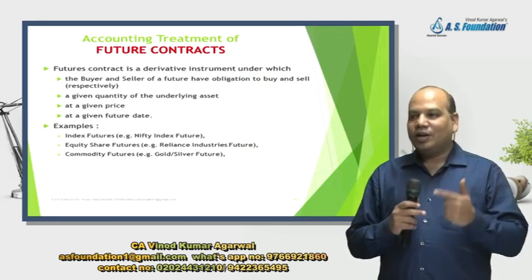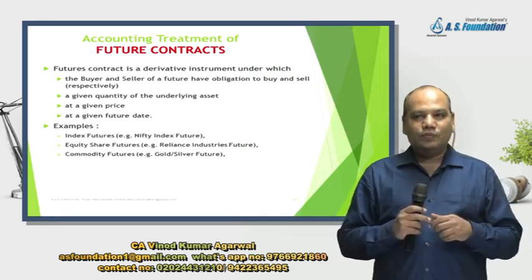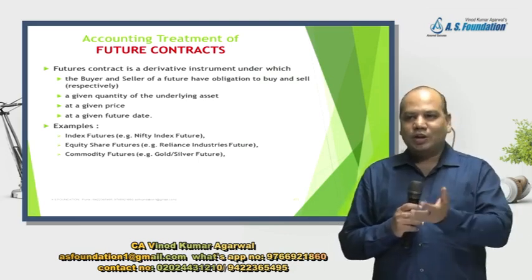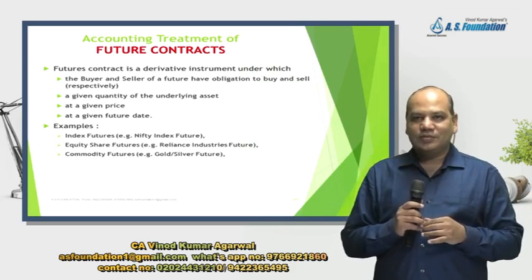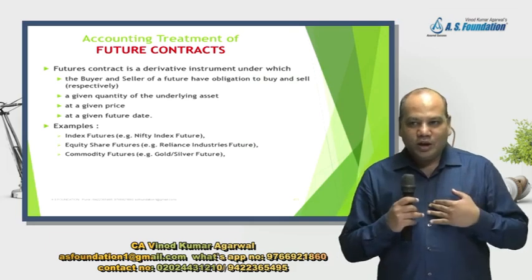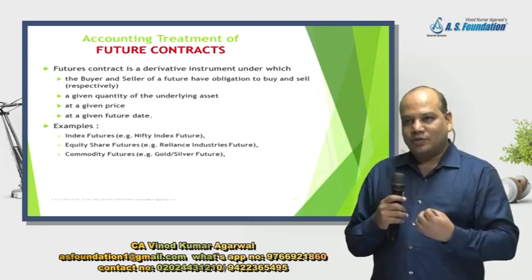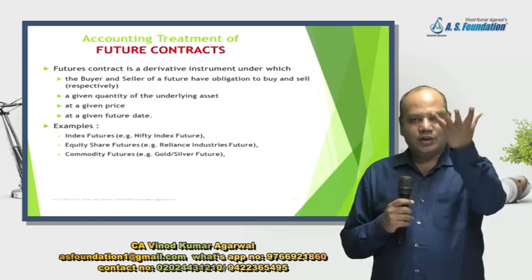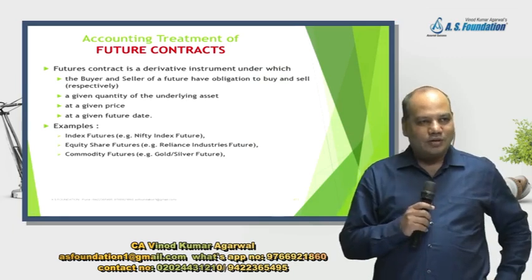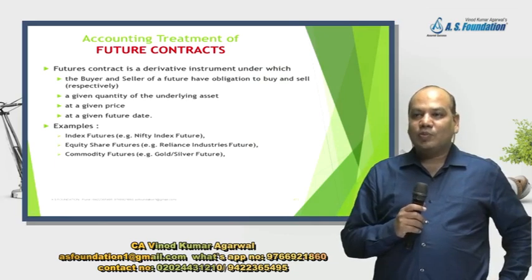It is a right and obligation, but the advantage of a future is that you deal through an exchange. A and B now will not meet directly with each other. They don't know who is the party at the other end. A has to deal with the exchange, B has to deal with the exchange. So the exchange says, come to me, I will ensure that I will honor your contract. How will the exchange ensure that the contracts will be honored?